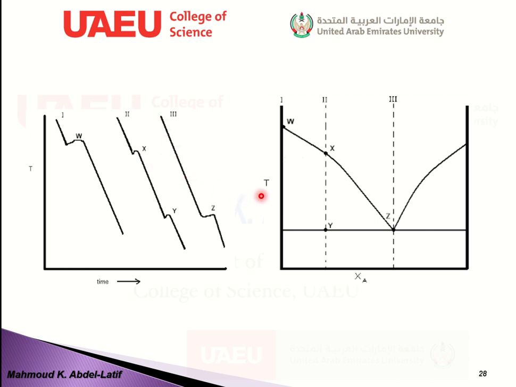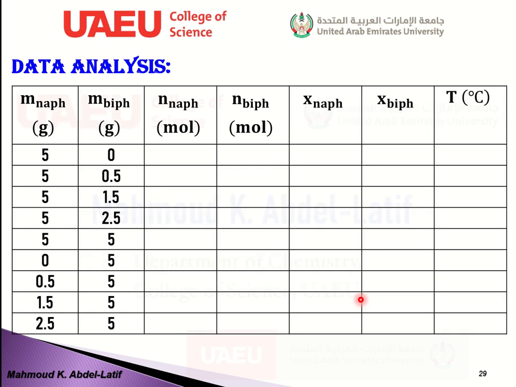So you have temperature against mole fraction. Just plot it, and you have a eutectic diagram, or eutectic system, like that one. This will be the eutectic point, and this will be the melting point of the pure substance here, and here will be the melting point of the other pure substance. So we're going to have these figures today, and then plot 1 over T against ln x in order to calculate the heat of fusion.